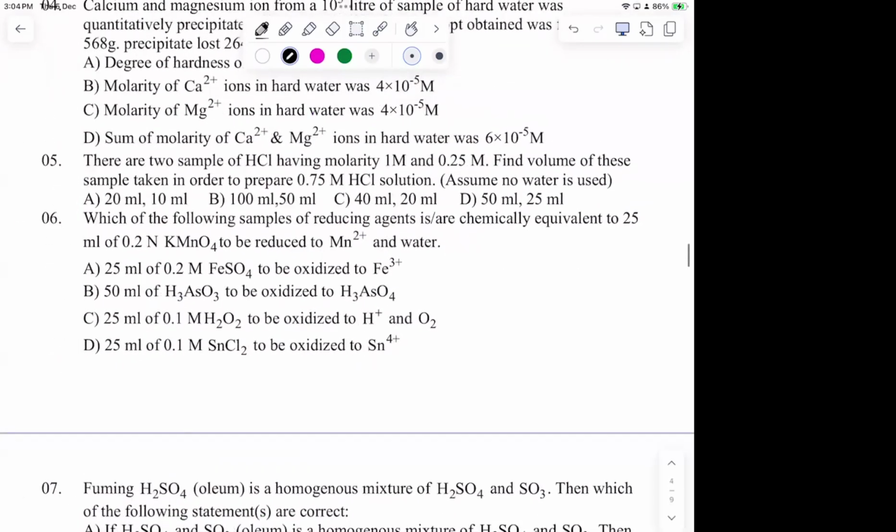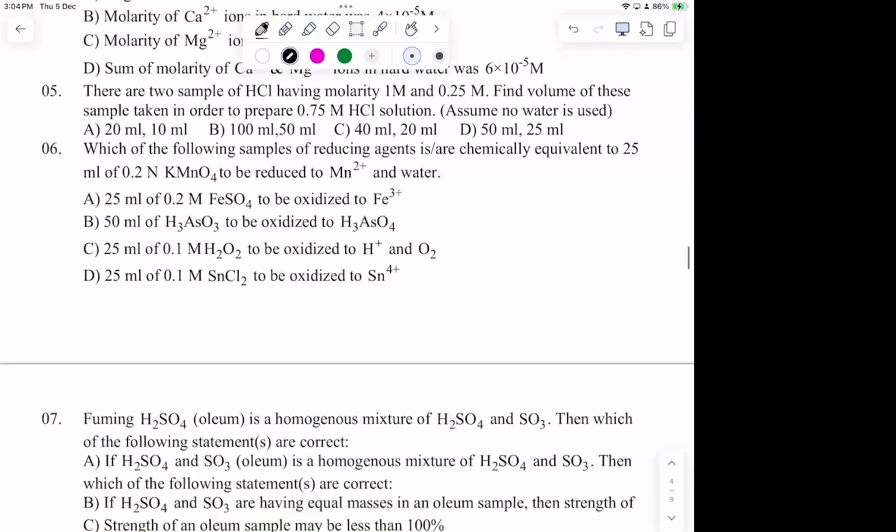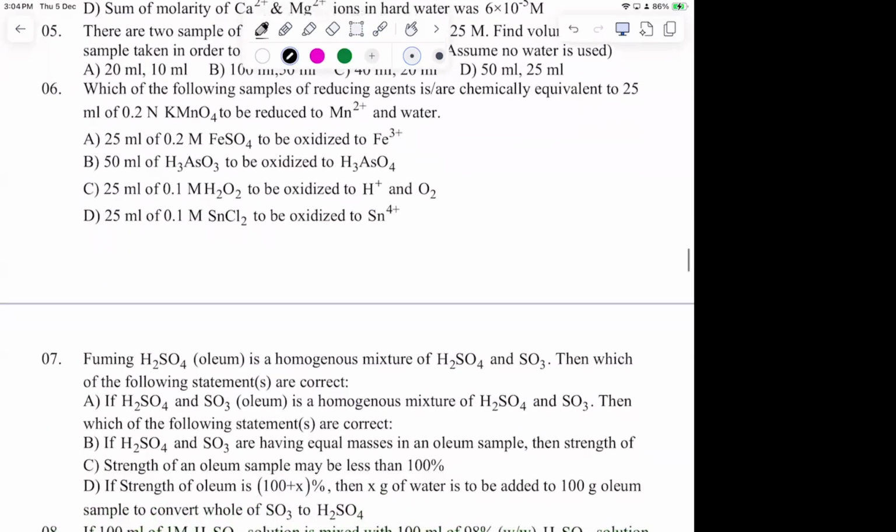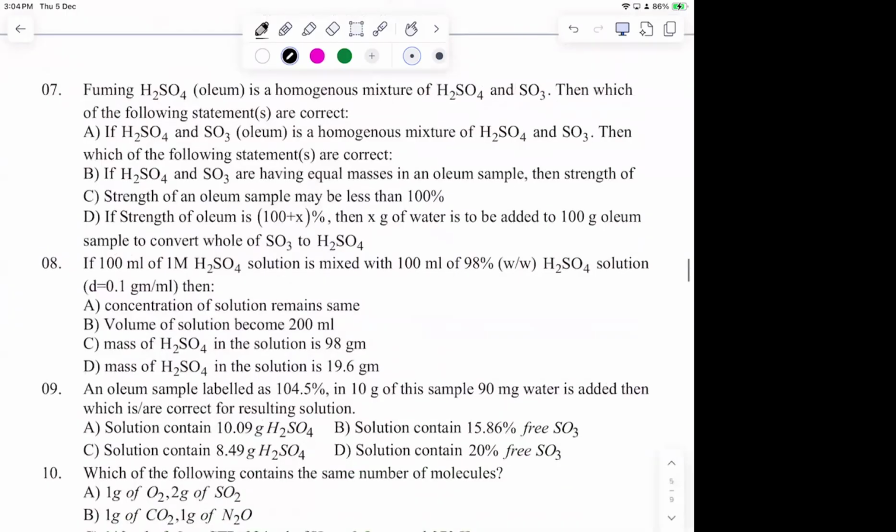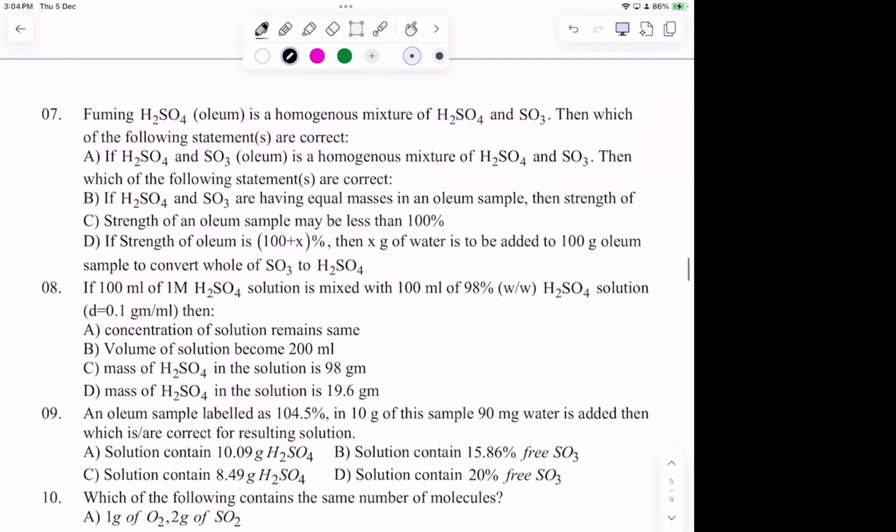Fifth one, again, it is a similar one. Not going to that. Sixth one is a regular balancing one. Seventh one, chalo, oleum case is there.